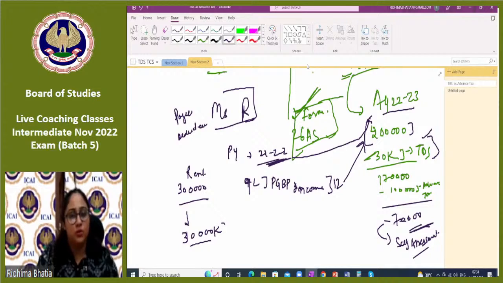Somesh, Pooja. Now suppose if the TDS is deducted more and the tax liability is less, you will get the refund. Sneha, what is 130?